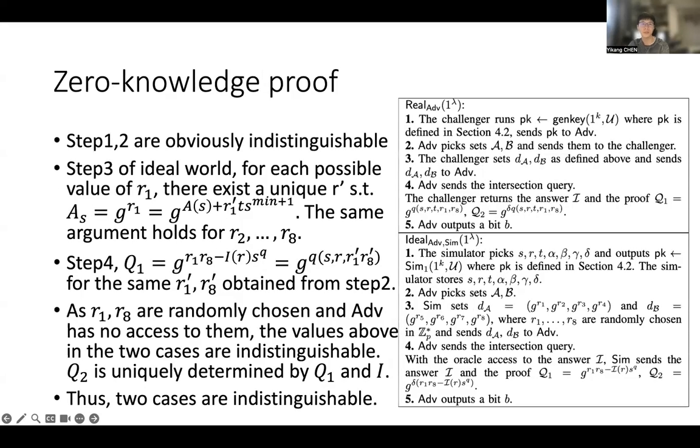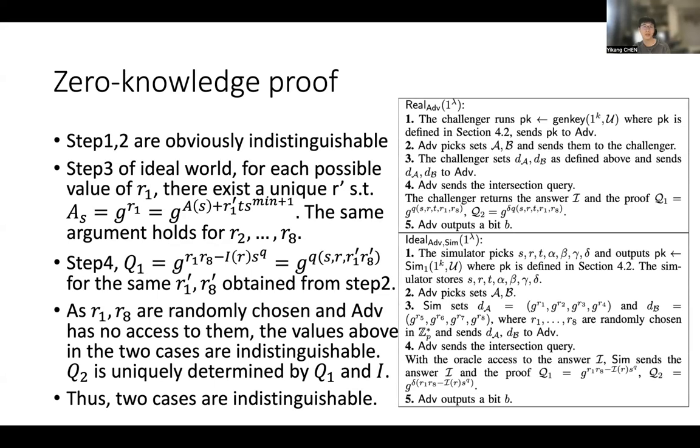And let me prove the last one, zero knowledge. So why an adversary cannot distinguish between these two experiments. At first, step 1 and step 2 are always indistinguishable because they are the same. And for step 3 to step 4, we need to know that R1 and RA are randomly chosen and randomly selected.